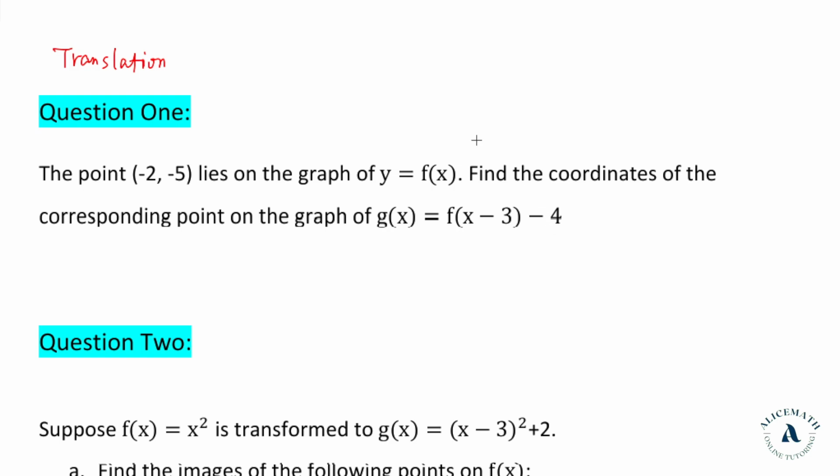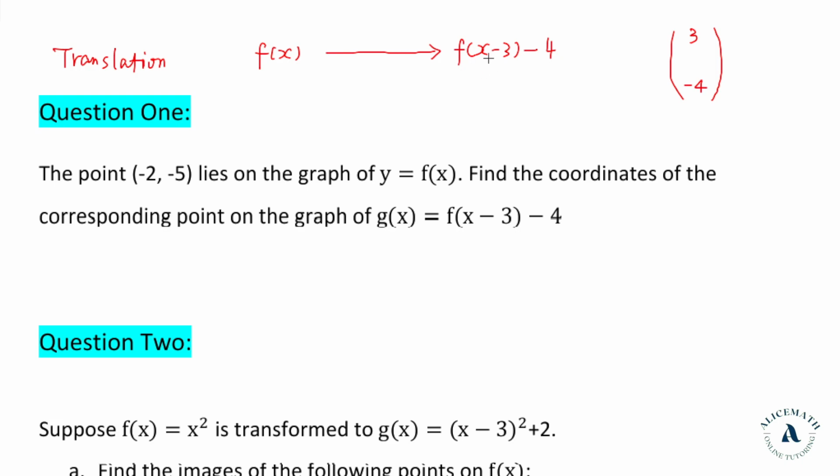According to the previous lesson, if we make some translations of the function f(x) into another function, f(x minus 3) and then minus 4, we can translate it by a vector. The vector is a equals 3, and b equals negative 4.